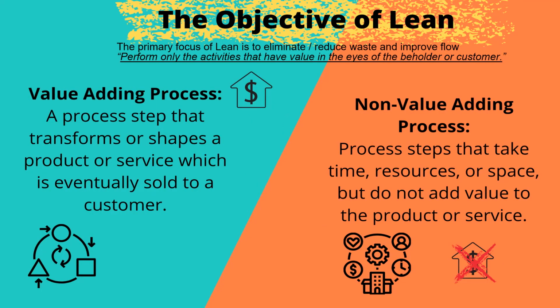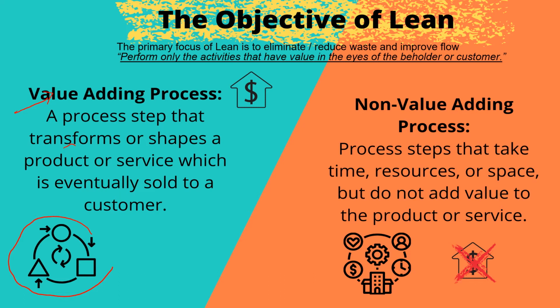The primary objective of lean is to eliminate waste and improve flow, and to perform only value-added activities or processes, which is in the eyes of the customers. A value-adding process is one that will transform or shape a product which will eventually be sold to the customers.